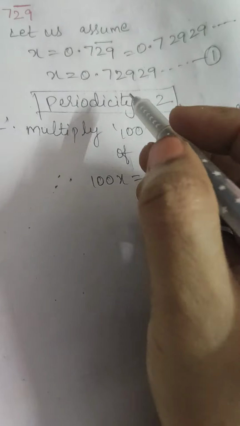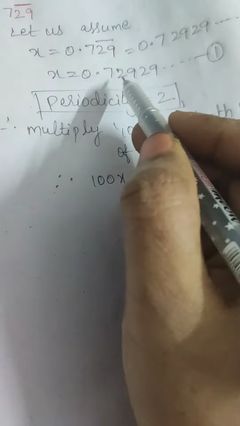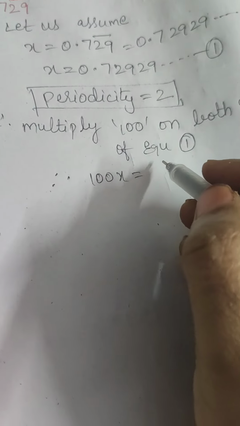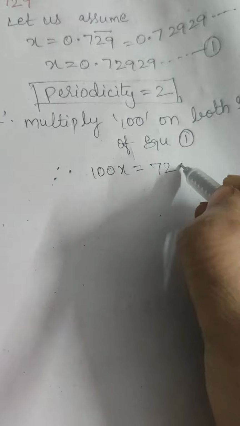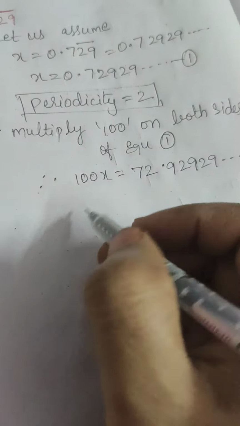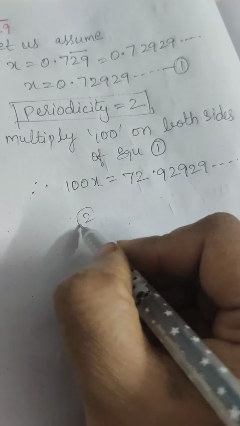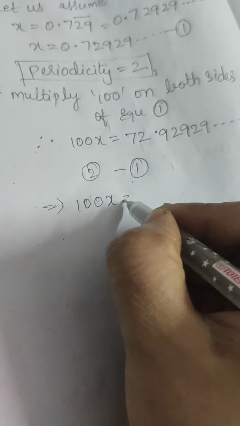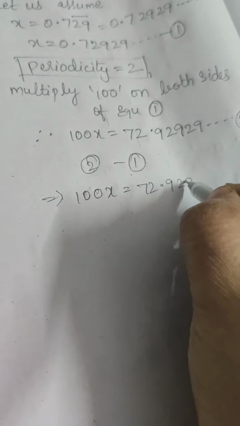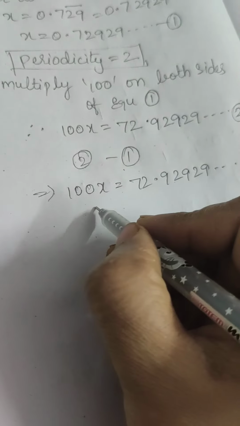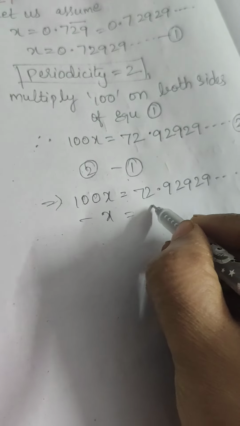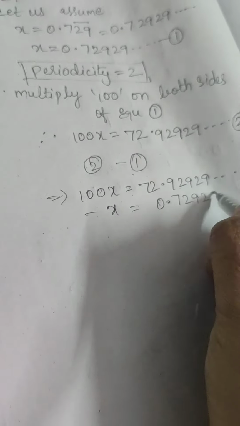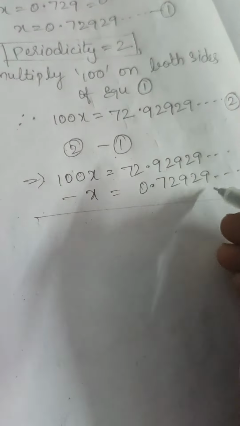The 72 moves 2 places to the left since we are multiplying by 100, so it becomes 72.92929 and so on. Equation number 2. Now we subtract equation 1 from 2. This implies 100x is equal to 72.92929 and so on, minus x is equal to 0.72929 and so on.